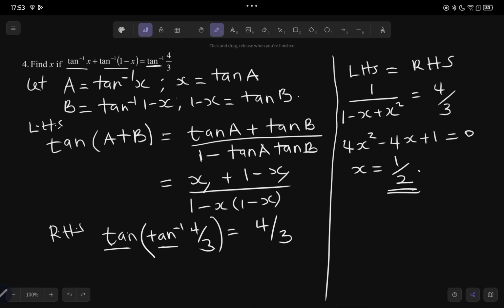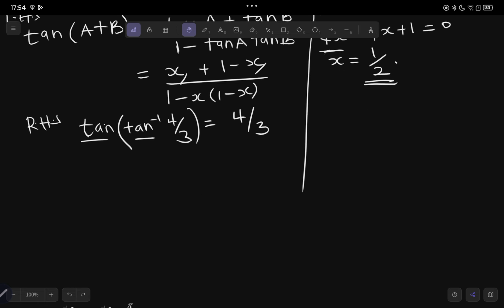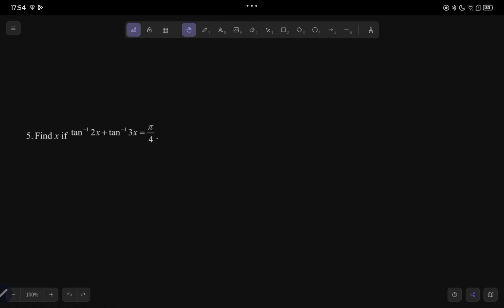Please, in your own working and write up, try to include as much as possible the entire working from the start up to the finish, including the steps which I have skipped there. Our last example. Math is by doing.